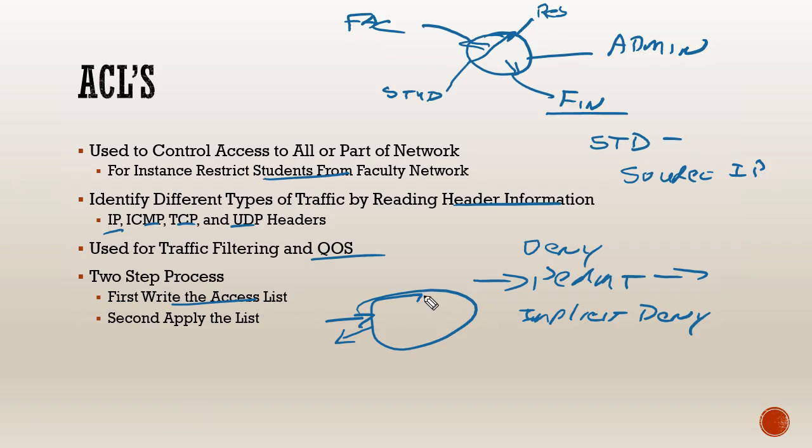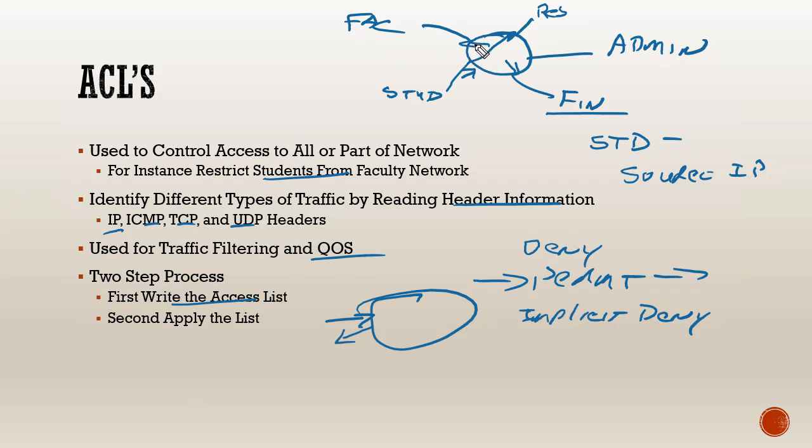And you say, why do we do that? Because if we have this whole bunch of people here and the students, and we denied something going in, we may wind up denying access to some other networks that are necessary, depending on how precise we are at writing our access control list. The advantage to denying it on the inbound interface is no routing takes place before, because if we deny it on the outbound interface, it's going to go through the router.